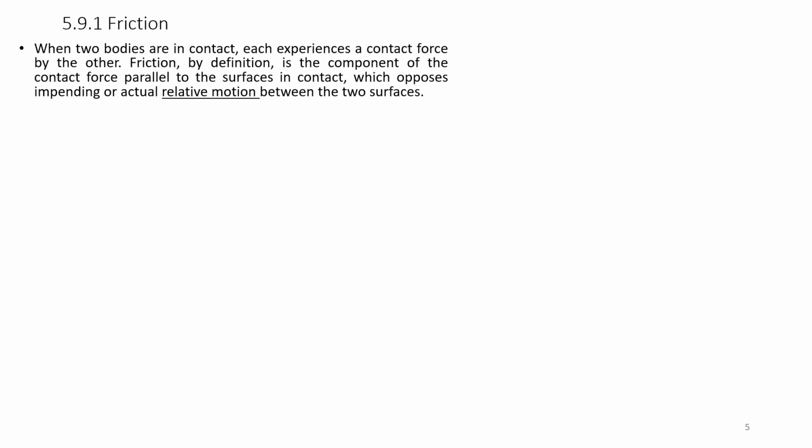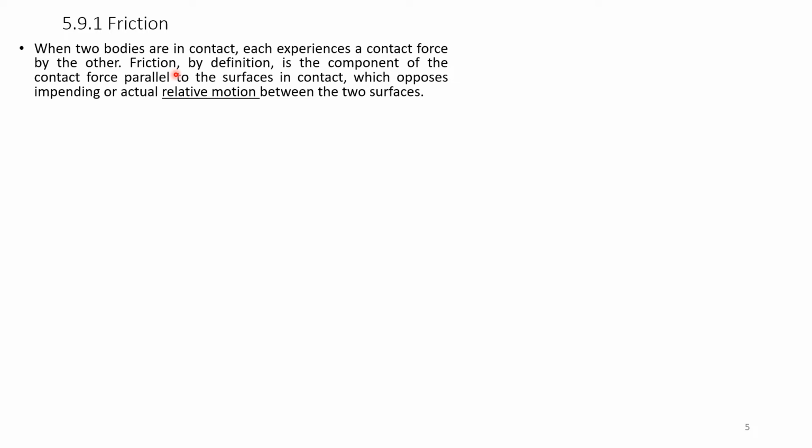Friction plays a very important role in our daily life. Objects on a table, static objects, and bodies in motion regularly experience friction. When two bodies are in contact, each experiences a contact force by the other.